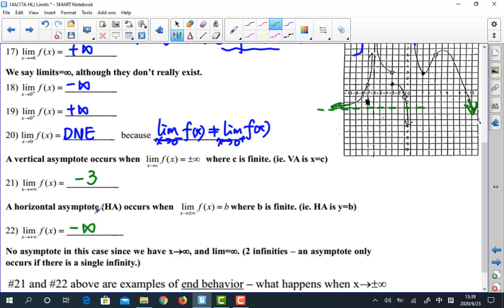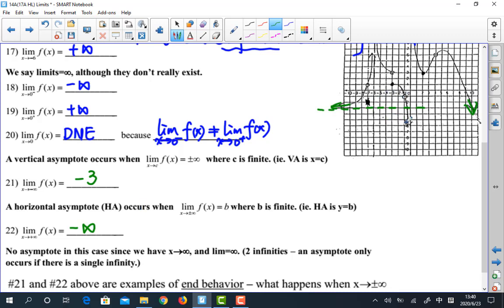A horizontal asymptote occurs when x is approaching infinity, which can be positive infinity or negative infinity, and the y value approaches a finite constant. Therefore, y equals b is a horizontal asymptote. And this is the mathematical definition for the horizontal asymptote.